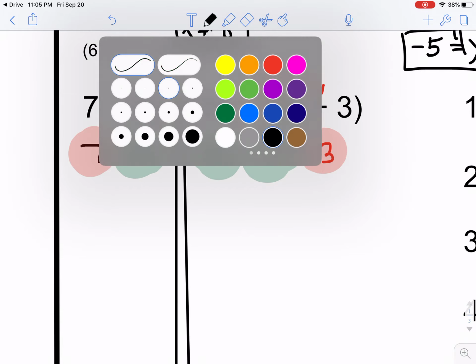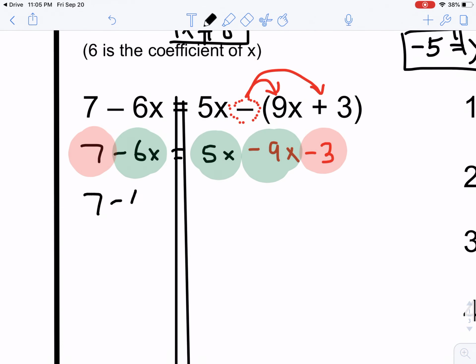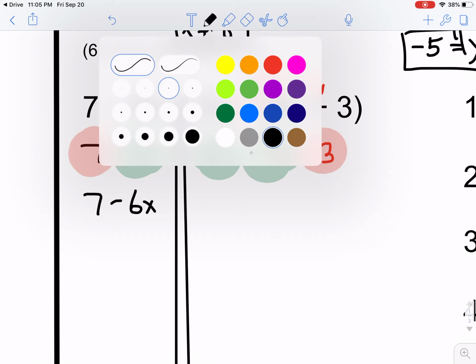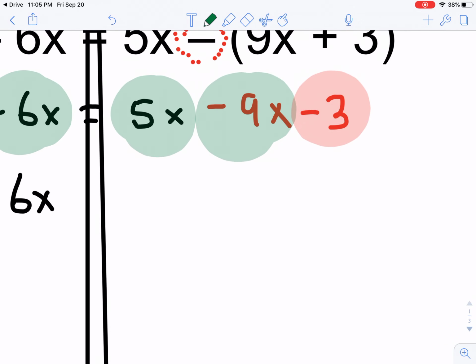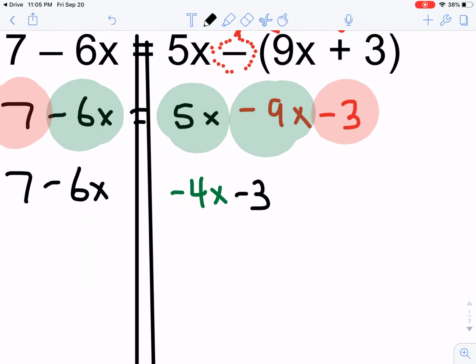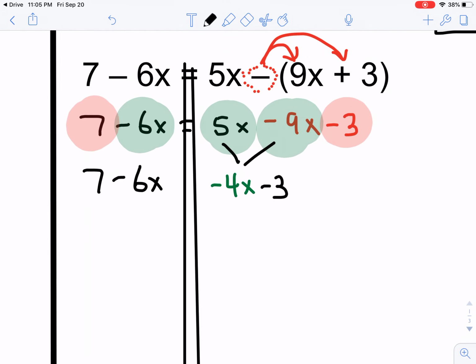So on the left, nothing changed, 7 minus 6x, but on the right, we can combine 5x minus 9x, which gets us negative 4x minus 3. So what we did here is we combined these two and got negative 4x.